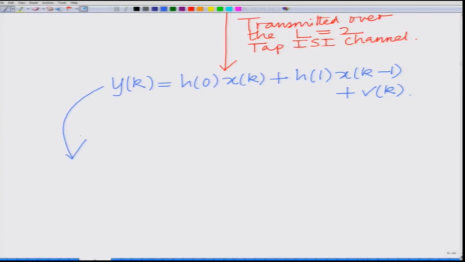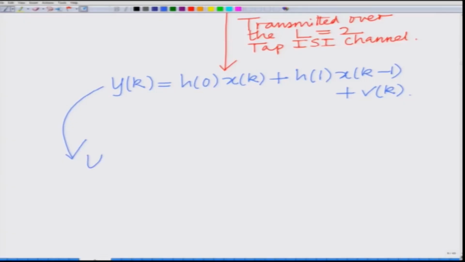Once you transmit the time domain samples with the cyclic prefix over this intersymbol interference channel, the action of the channel over the samples is that of circular convolution. Therefore the received output y is h circularly convolved with x plus v.